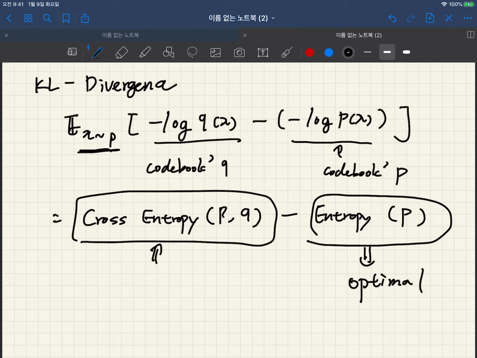But in this case, we code our random sequence using false information, using a different distribution Q. So this is not the optimal number of bits. We can do better, but because we have wrong information, we spend more bits to send the information to machine B.